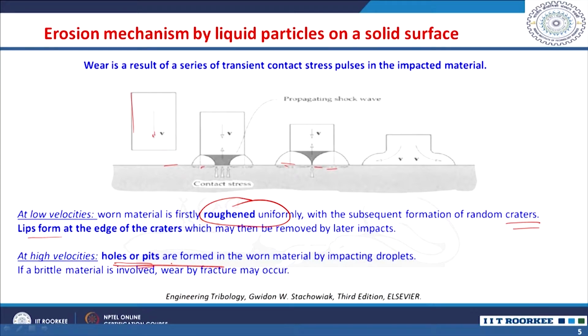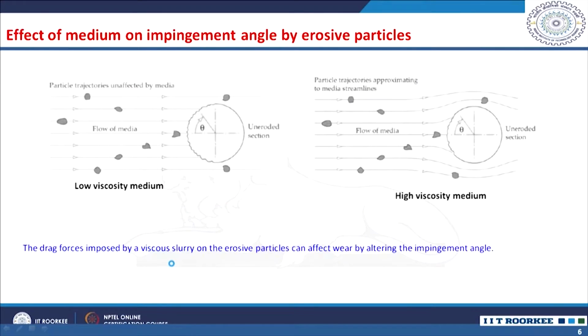In a particle plus fluid mixture, we generally call this slurry erosion, a slurry formed by a mixture of particles and fluid. The fluid may have low or high viscosity.